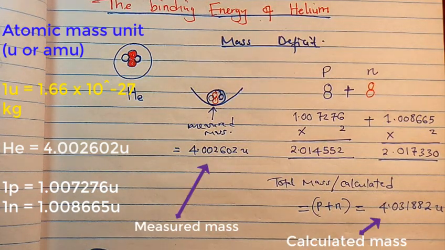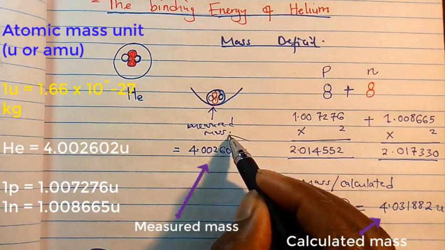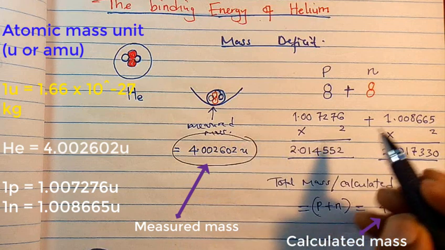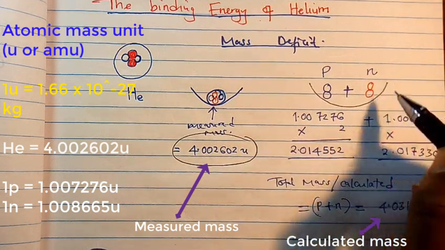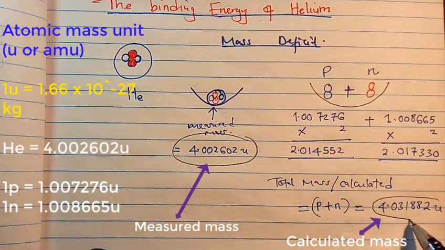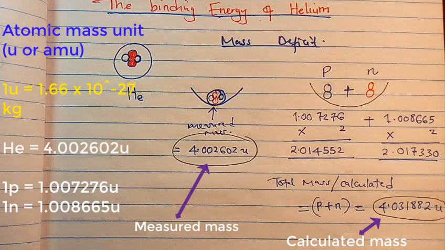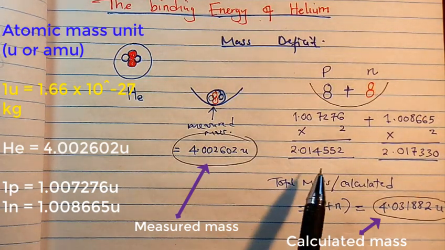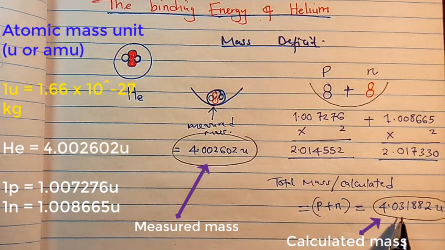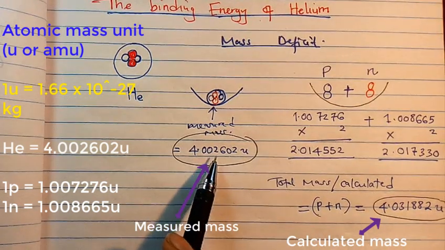Now we need to compare. We compare the measured mass, and here we have the calculated mass, and we subtract the 2. We find that the calculated mass happens to be higher than the measured mass.